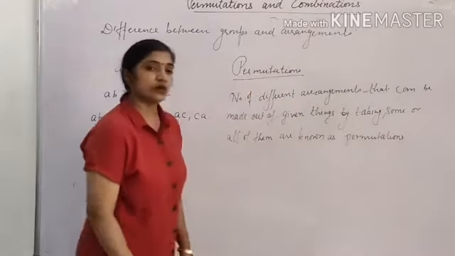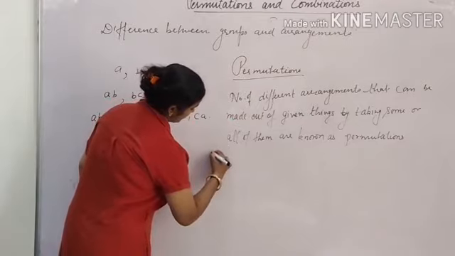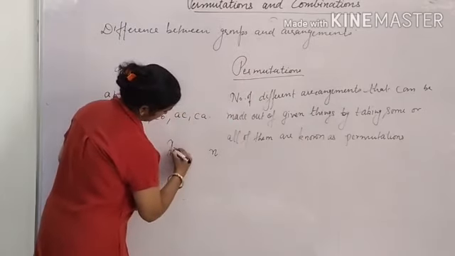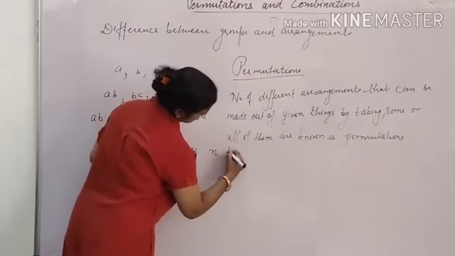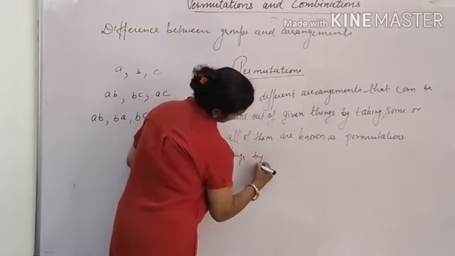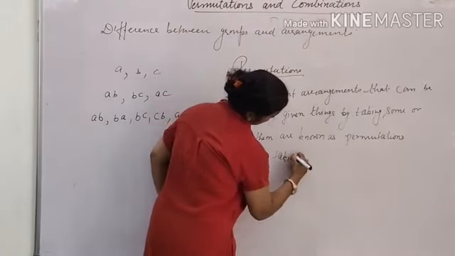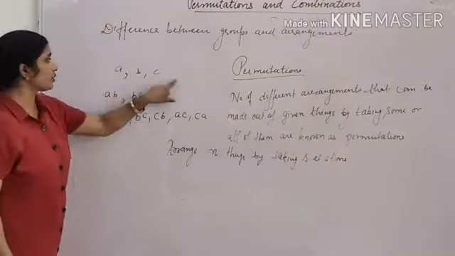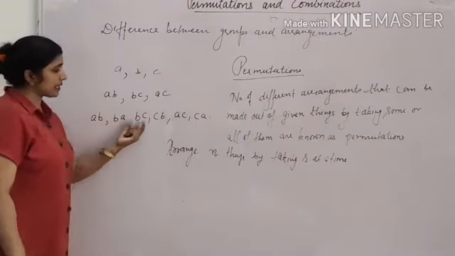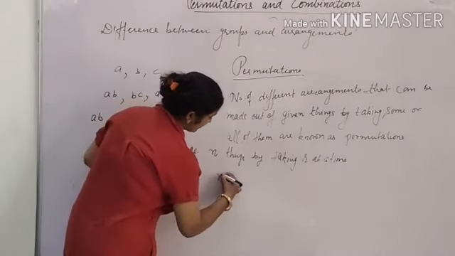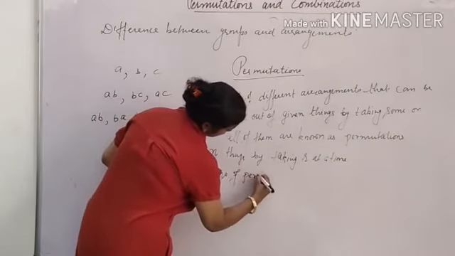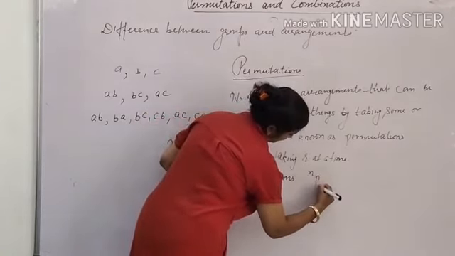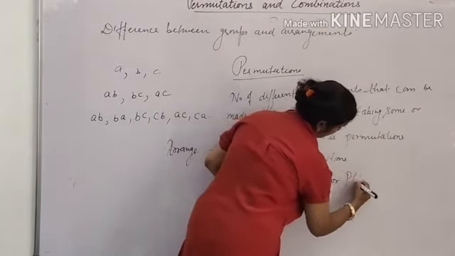If you want to arrange n things by taking r at a time, for example arranging these 3 alphabets by taking 2 at a time, then the number of permutations is denoted by nPr or P(n, r).